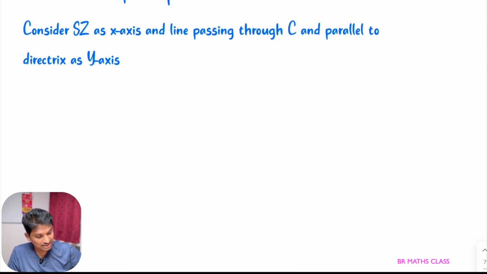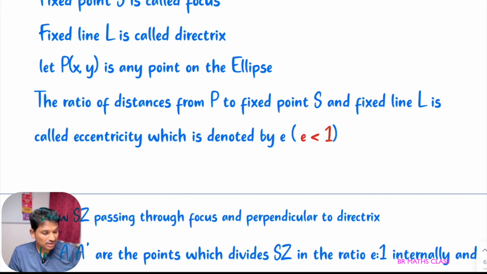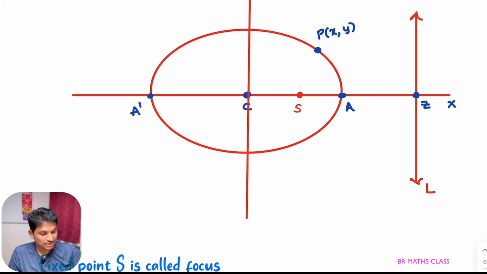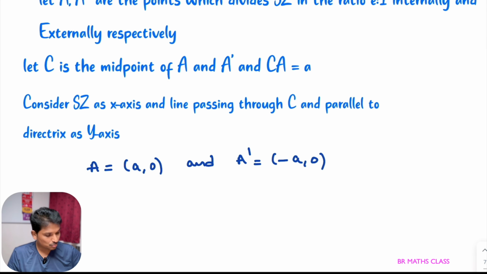We have taken CA as a, A is a comma 0, and A dash is minus a comma 0. What is the distance between these points? Look here. CA is a, this is also a. What is AA dash? AA dash is 2a. Write that also.